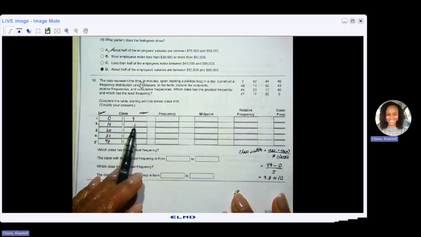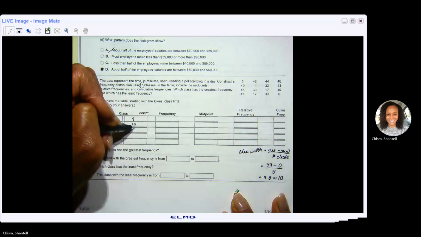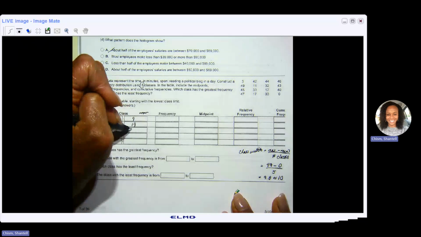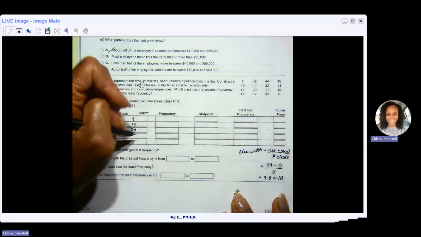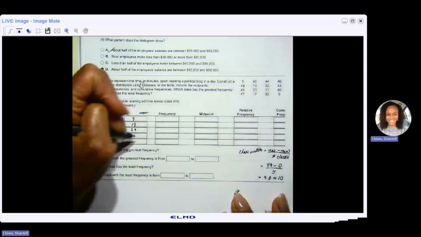Then I add the class width every time to get the next upper limit. So 9 plus 10 is 19, which makes sense because class 3 begins at 20. Then 19 plus 10 is 29, 29 plus 10 is 39, and 39 plus 10 is 49.